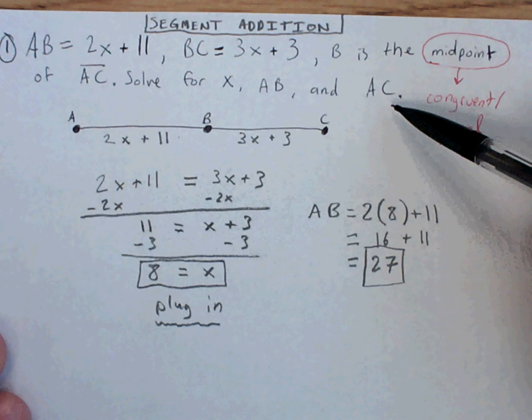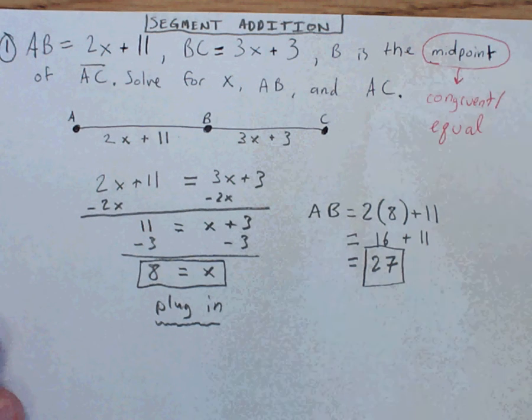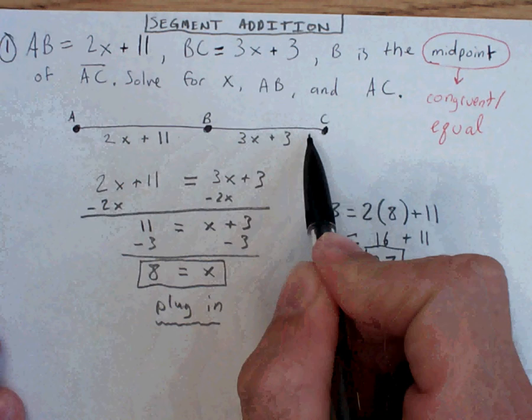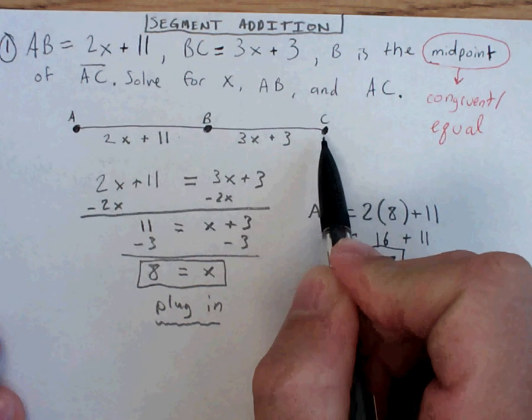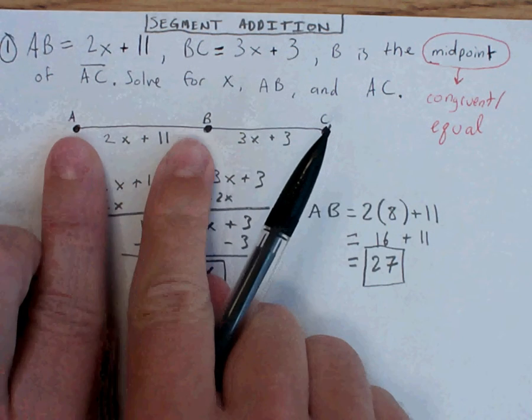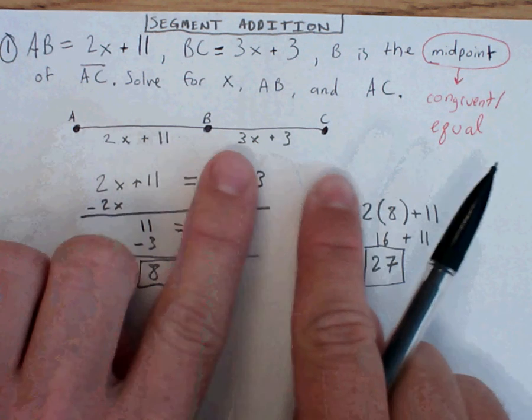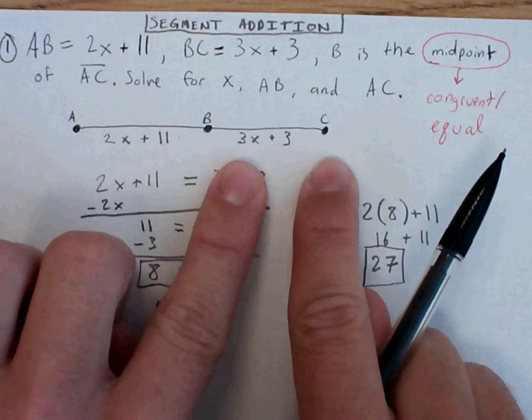Now, what is AC? AC is the entire segment. The entire segment, not just one of the halves. This is the first half, the left side, AB, and the right side is the other half.